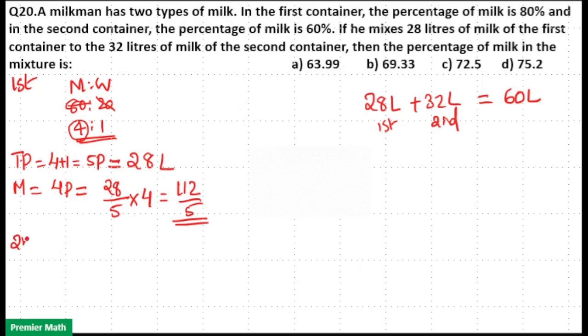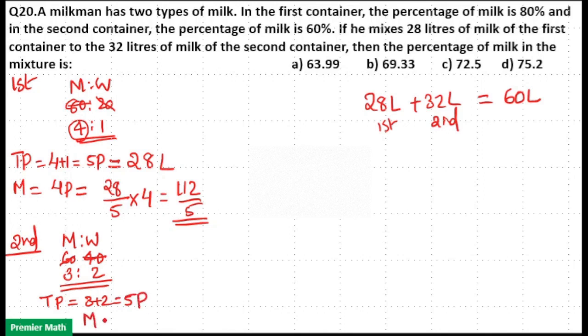In the same way, in the second container, the milk to water ratio: milk is 60, water is 40. That means 20 into 2 is 40, 20 into 3 is 60. So 3:2 is the milk to water ratio in the second container. Total parts is 3 plus 2, 5 parts, and milk is 3 parts.